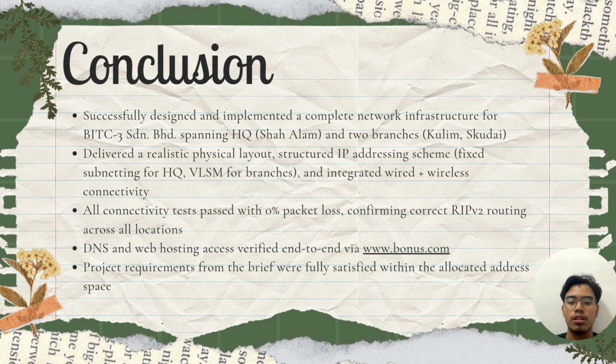For routing, RIPv2 was integrated and all connectivity tests passed with 0% packet loss across the entire network. Finally, end-to-end access was verified via the domain www.bonus.com, proving that all project requirements were fully satisfied within the allocated address space.